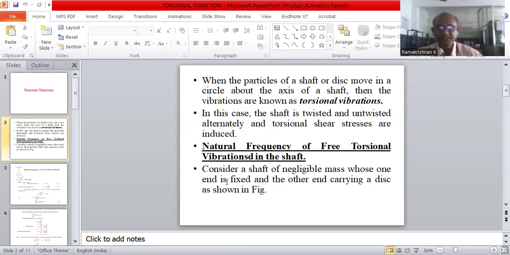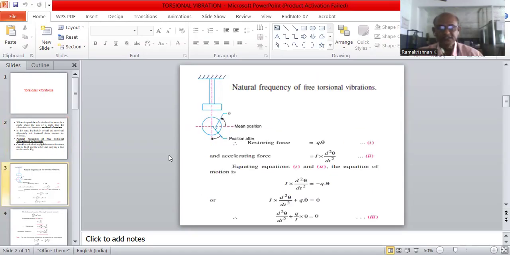Here the shaft is of negligible mass, as shown in the system, and carries a disc on one of its ends. After the time t, the disc is twisted through the angle theta. Here the restoring force is Q into theta, where Q is the torsional stiffness.